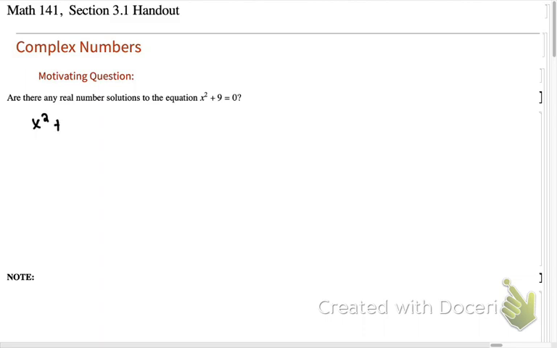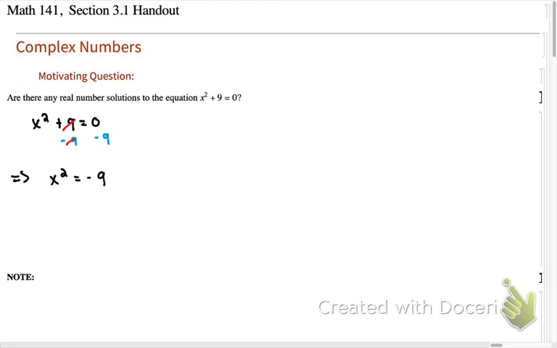Okay, so I start with the equation x squared plus 9 equals 0, and of course we try to get x by itself by starting with subtracting 9 on both sides to cancel that 9. That's going to give us x squared equals negative 9.